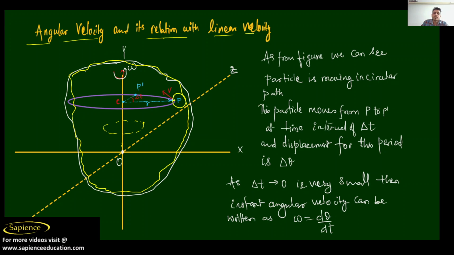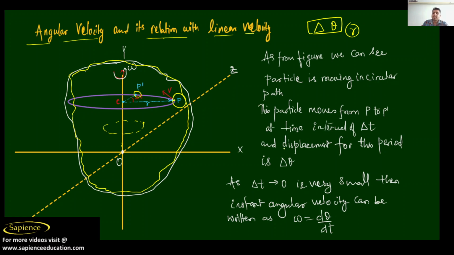When this particle has a position p, and after some certain period of time its position becomes p dash, at that instant its angular displacement is delta theta, right? And r is the radius, and for a time t, delta theta is the angular displacement.